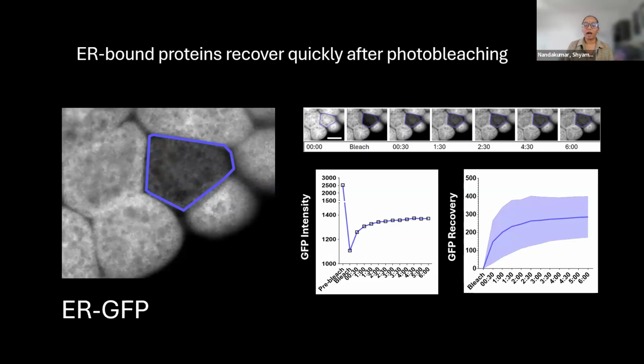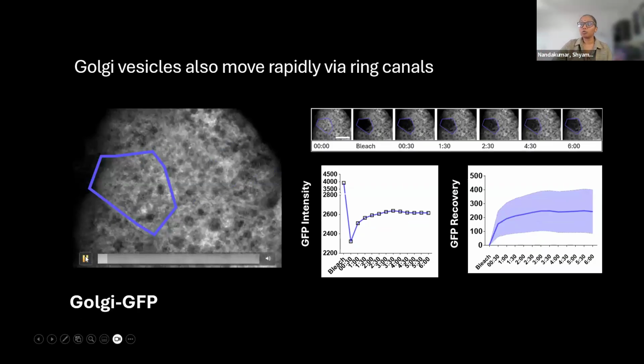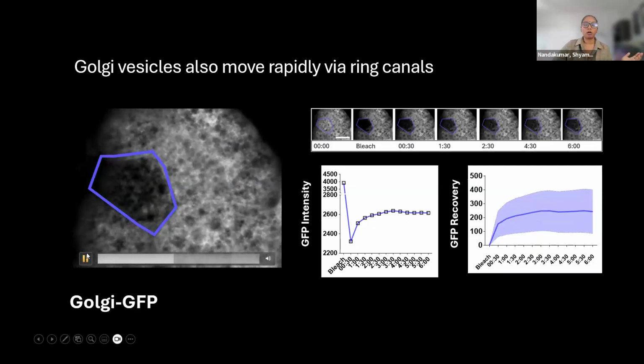So I thought that this recovery is quite impressive. We also see that Golgi-bound proteins travel through ring canals just as rapidly, if not faster, than ER. And I'm not going to show you this because I don't think I'll have time, but we don't see any mitochondria going through the ring canal. So there seems to be a very specific set of cargo that ring canals allow transport of.